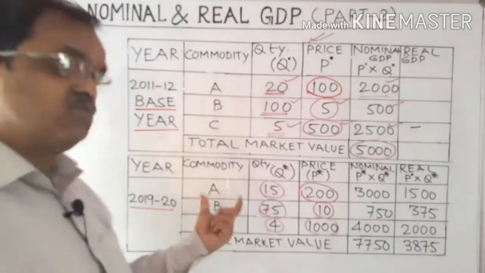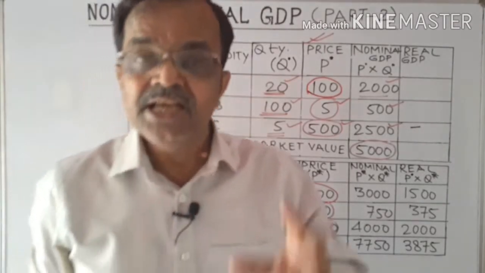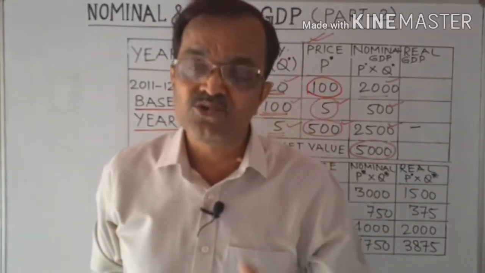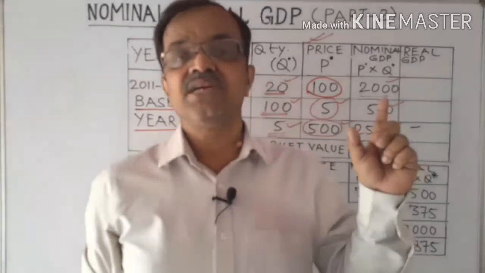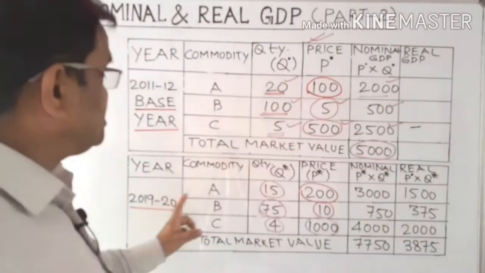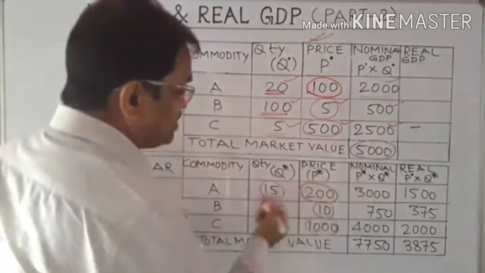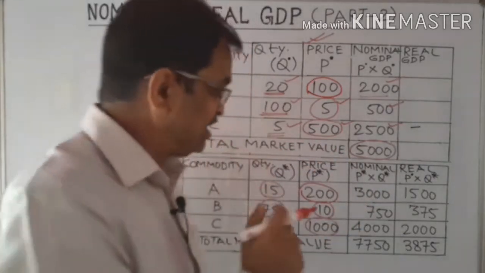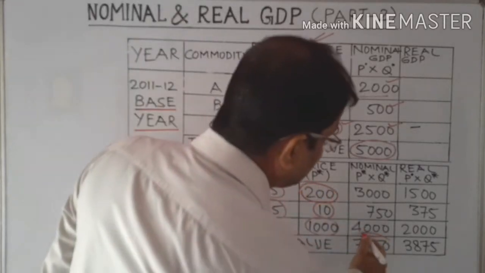Means in 2019-20, price has increased, but the quantity of output decreased compared to 2011-12. And when we calculate the current value of these goods for 2019-20, what is the figure that we get?